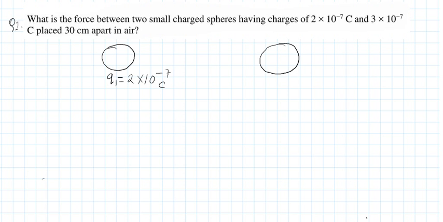The magnitude of the second charged sphere is 3 into 10 to the power minus 7 coulomb, and the distance or separation between them is 30 centimeter. We can change it in meters, that is 30 into 10 to the power minus 2 meter.